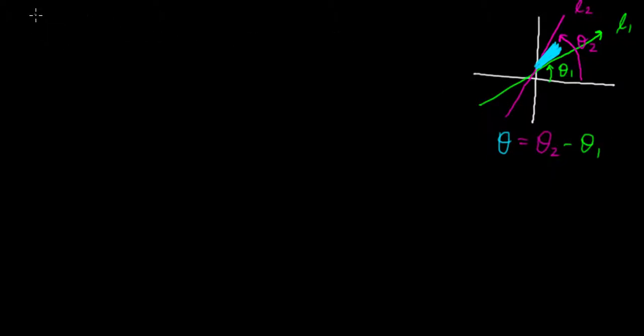But if you know that this is true and you took the tangent of both sides, you would end up getting the equation: the tangent of theta is equal to the tangent of theta 2 minus theta 1.